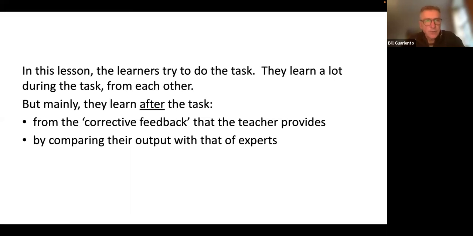So for example, one of you said that students could write a report, and then they could compare their report, their output, with a report written by an expert. So they read a journal article, okay? And that's another thing that often happens in task-based learning. The students compare their output with the output of experts.